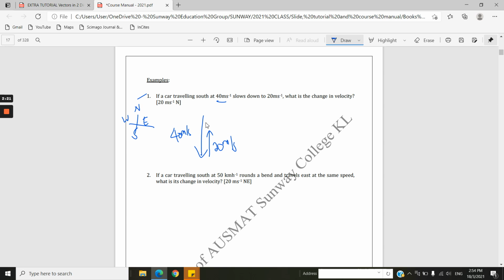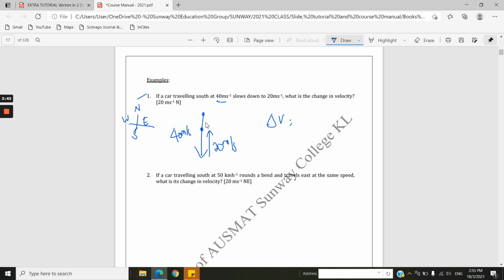Slowing down means against the direction of the movement. So what is the change of velocity from here to here? Actually there is no angle, because it is in the same line. So how much is that?